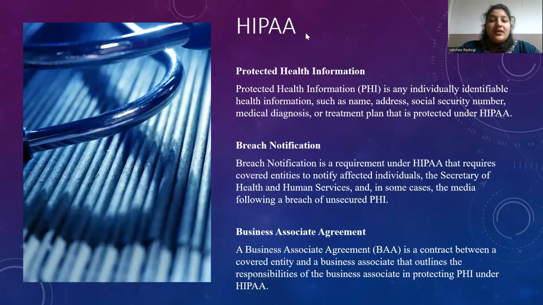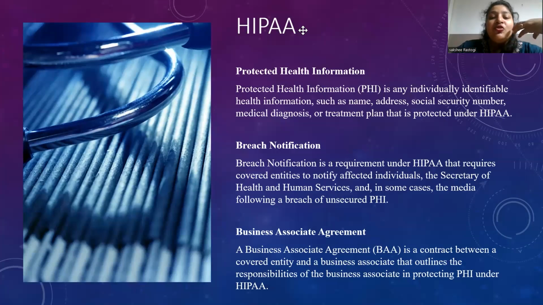Business Associate Agreement. So what is a Business Associate Agreement? It is also known as BAA. It is a contract between a covered entity, for example a healthcare provider or insurance company, and a business associate, for example a vendor or contractor, that outlines the terms and conditions for protecting sensitive information such as protected health information.